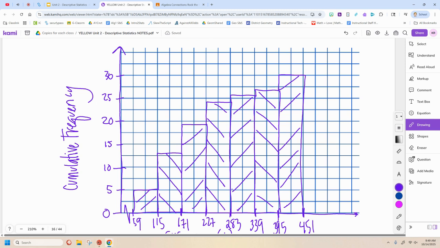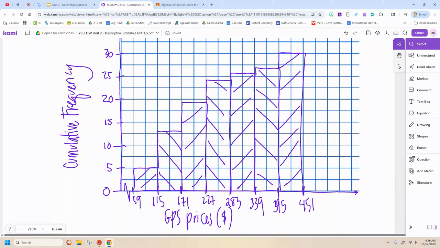So then, before you turn, why do we care about this type of graph? So a couple things can happen. Like if you were like, all right, I got 30 GPSs out there in a field. I want to talk about the Best Buy, and the Best Buy might be under $100.